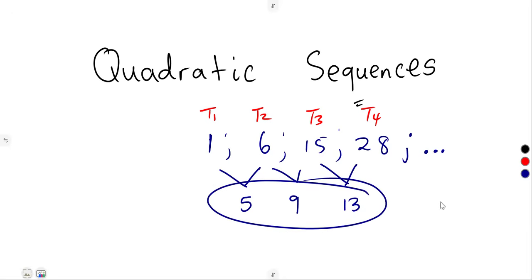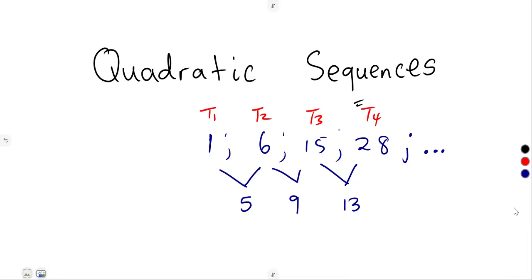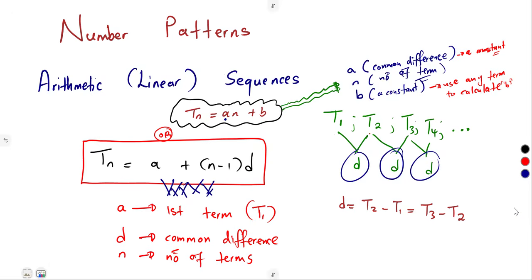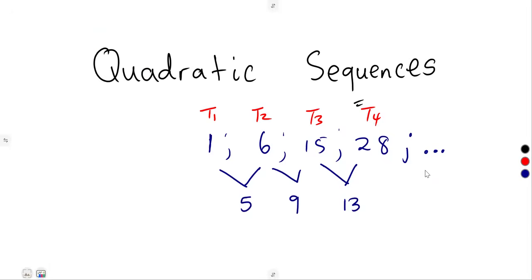These differences were supposed to be the same for a linear sequence, like what we had before. For T1, T2, T3, the difference there was the same. It was our common difference. But this time, as we can see, we do not have that. So what are we going to say?